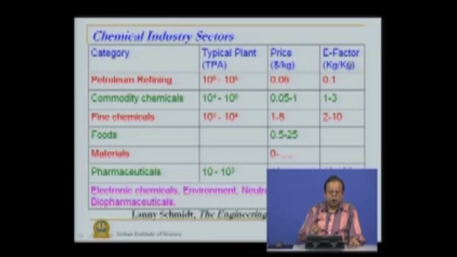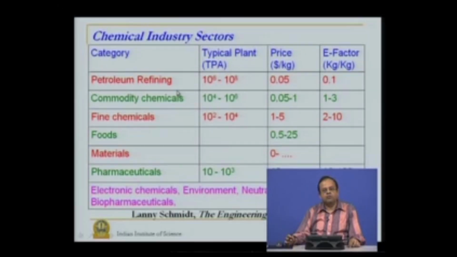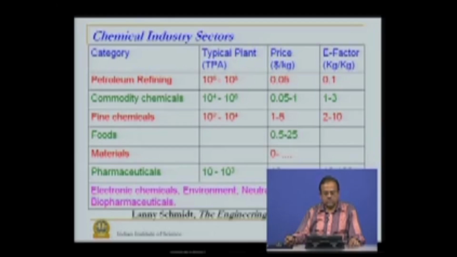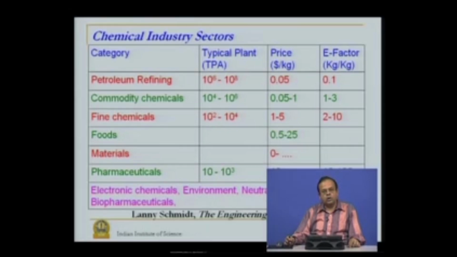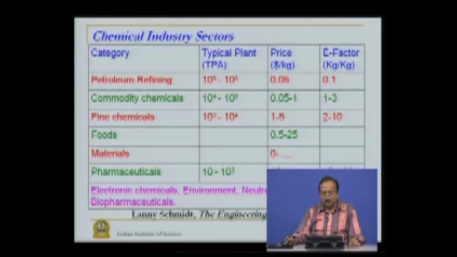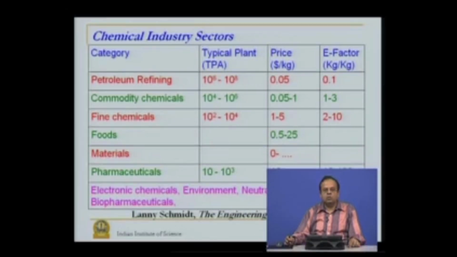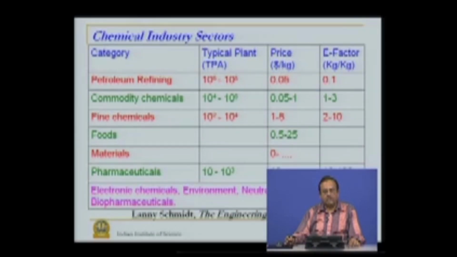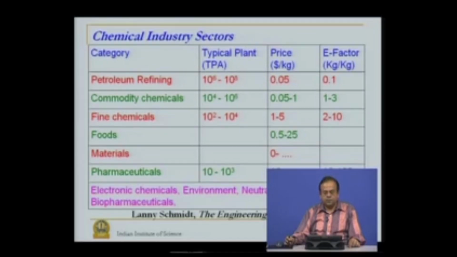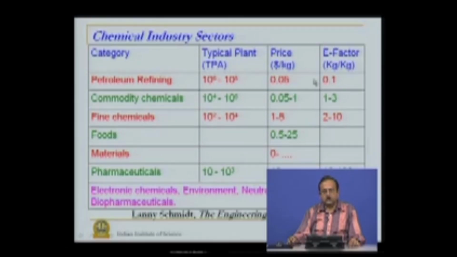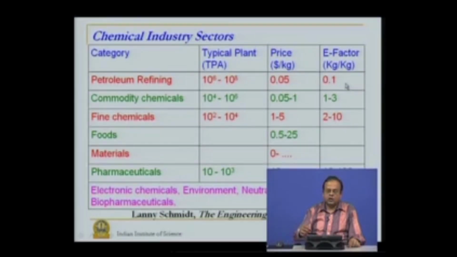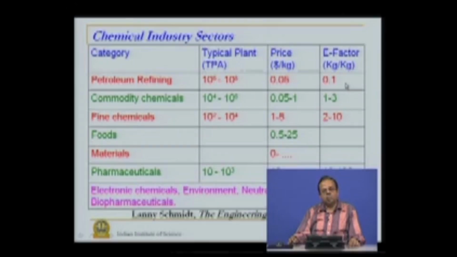And you see there is a wide variation between different chemical sectors. For example, the typical size of petroleum refining is nothing less than 10⁶, or 1 million, to hundreds of millions of tons per annum. The price that it fetches is about 5 cents a kg, and the waste generated is about 0.1 kg per kg of product.